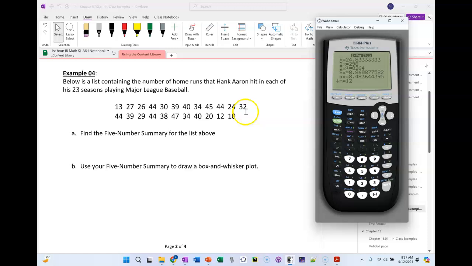Below is a list containing the number of home runs Hank Aaron hit in each of his 23 seasons playing Major League Baseball. Find the 5-number summary. So many lists on my computer. Oops.